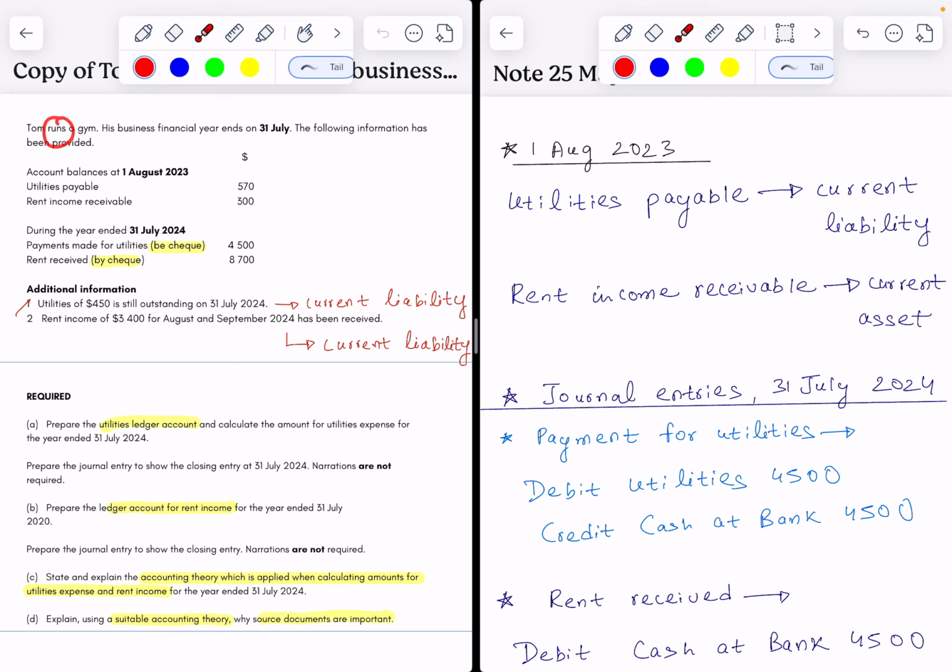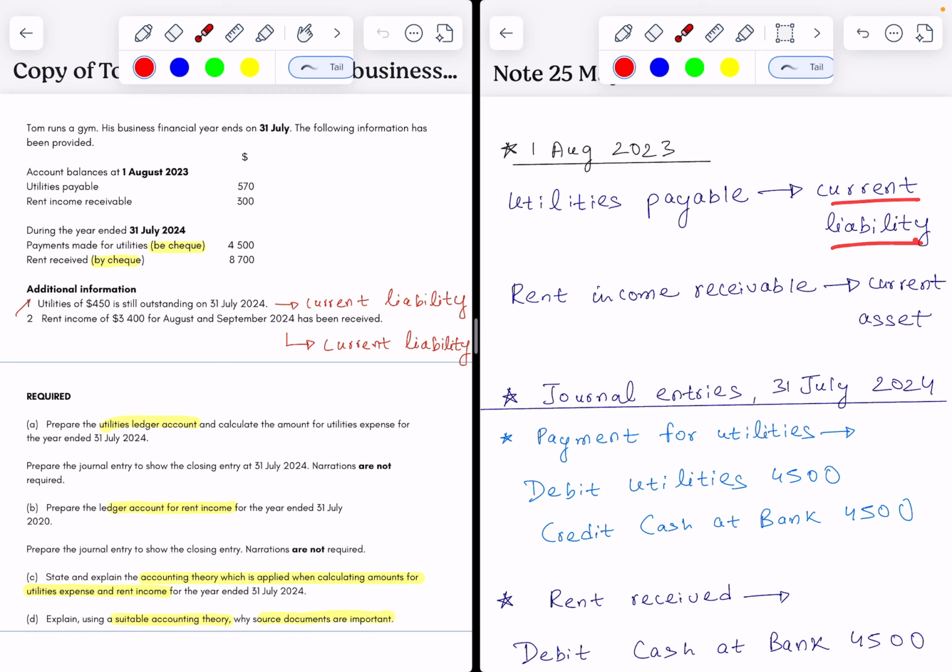Tom runs a gym. His business financial year ends on 31 July. The following information has been provided. So as you can see, we are given the account balances at 1 August 2023, which are referring to the opening balances for utilities payable and rent income receivable. Now, utilities payable is a current liability.